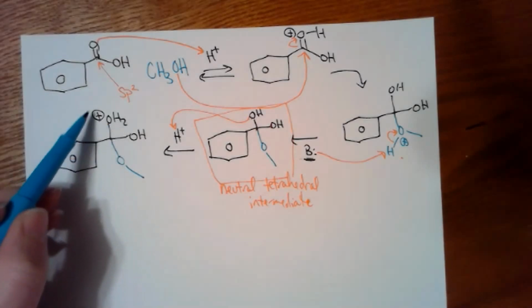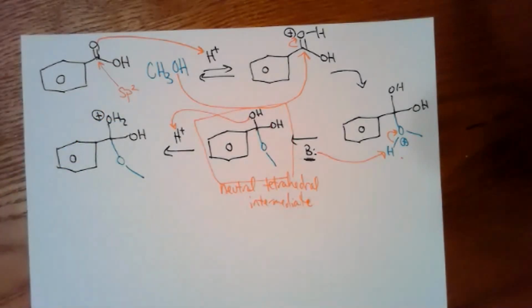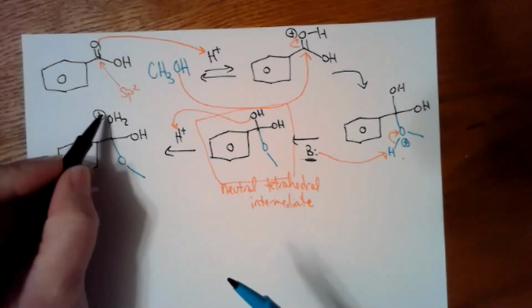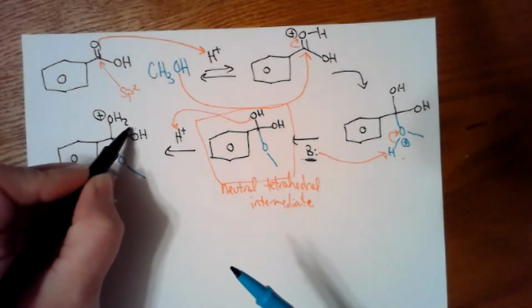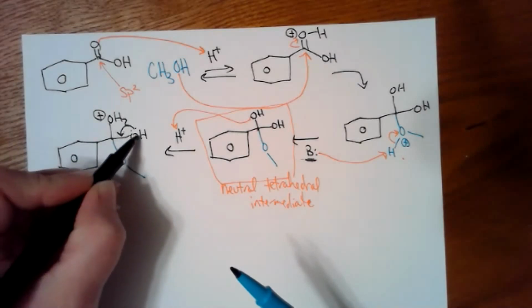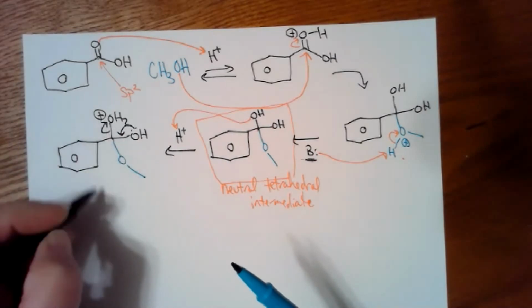From here, we have water. That's a pretty good leaving group. So we could just let it leave and leave behind a carbocation, but I like to go ahead and fold down oxygen's electrons to kick it out.